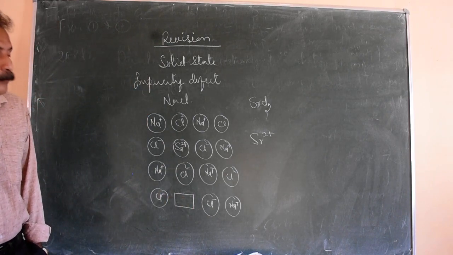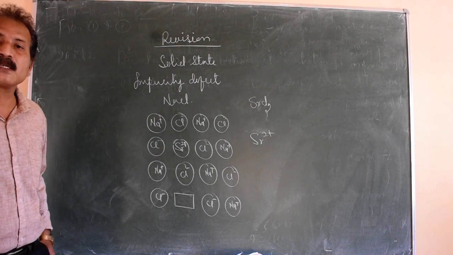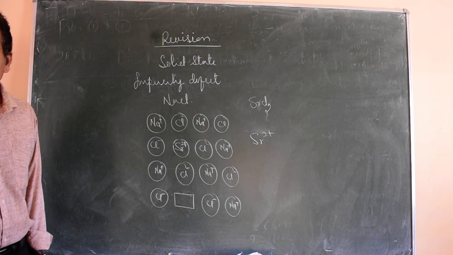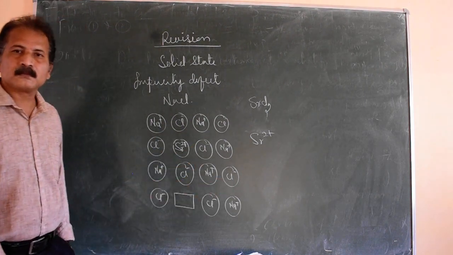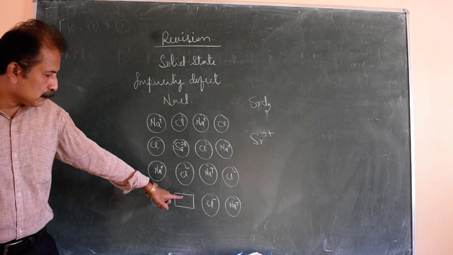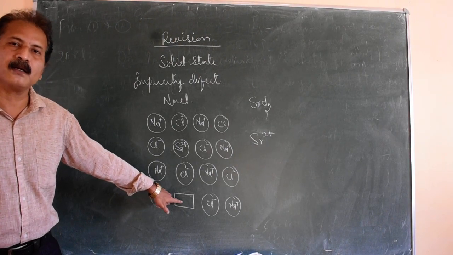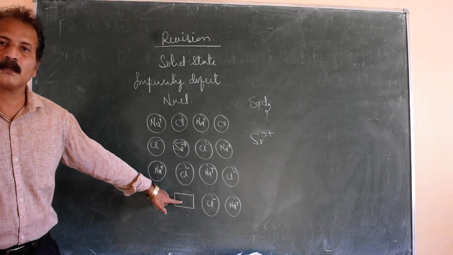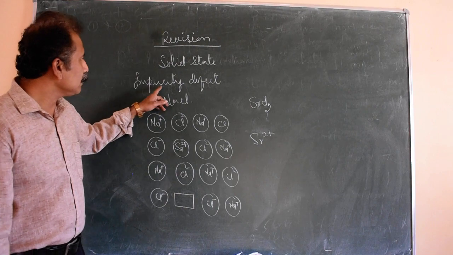So the number of cationic vacancies produced will be equal to the number of Sr2 plus ions. Understood? So now see, the charge becomes balanced. But when it leaves one spot of sodium ion vacant, it leads to a defect, and that defect is called impurity defect.